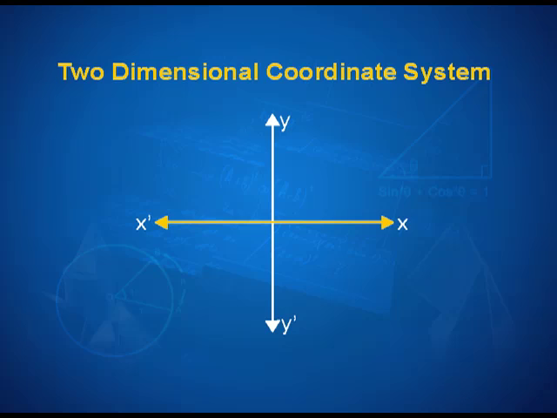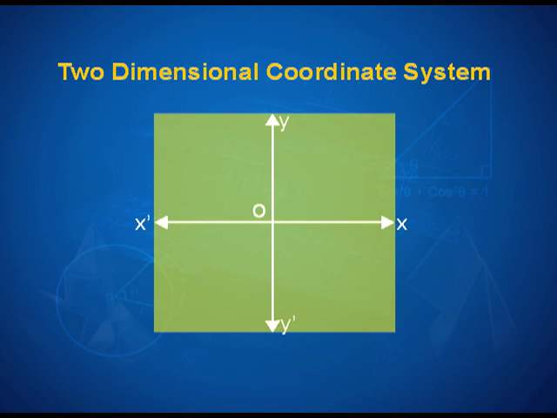In 2-dimension coordinate system, we have a horizontal line known as the x axis and the vertical line known as the y axis, perpendicular to each other, intersecting at the origin. Between these two lines, we constitute what is called the xy plane.